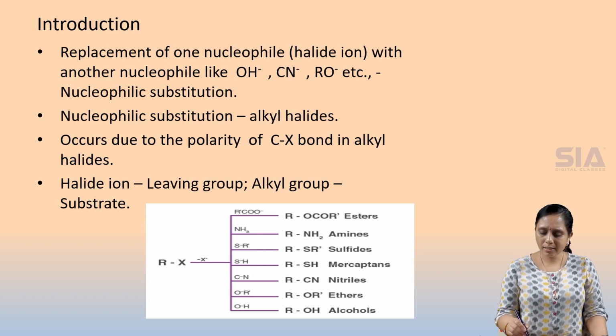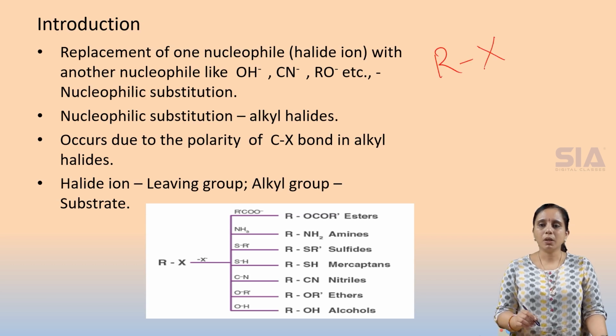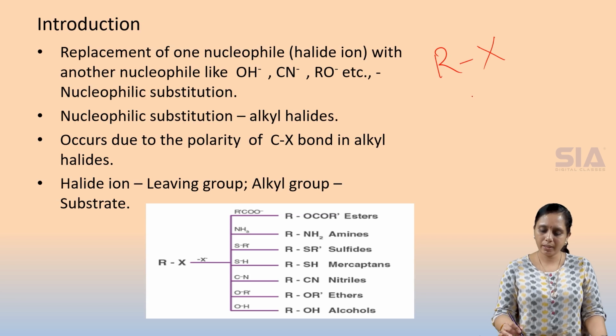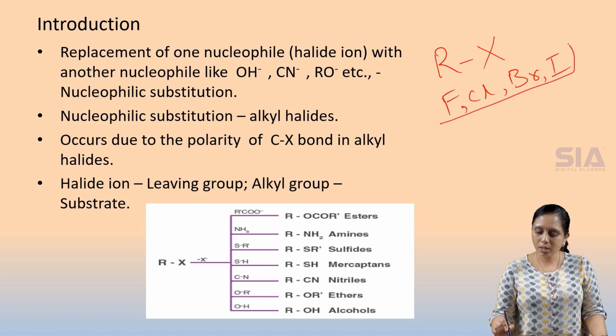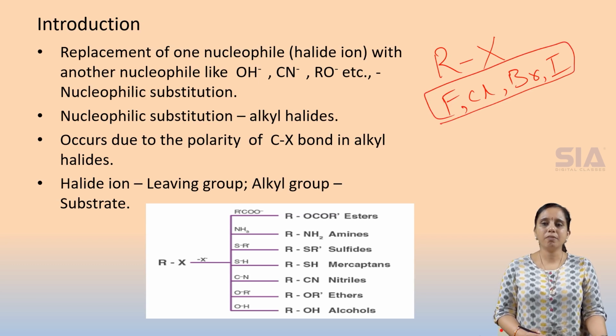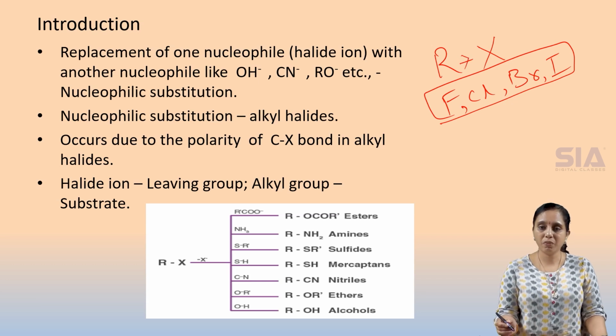Alkyl halides are substances which contain an alkyl group attached with a halogen atom like chlorine, bromine, iodine or fluorine. As halogens are highly electronegative atoms, there is a polarity on the bond between the alkyl group and the halogen atom.